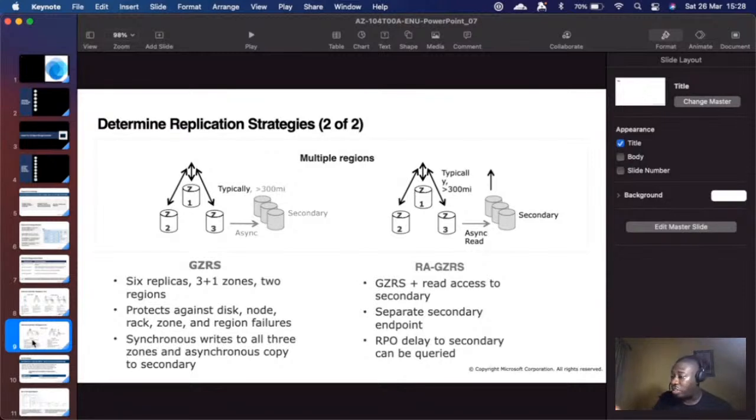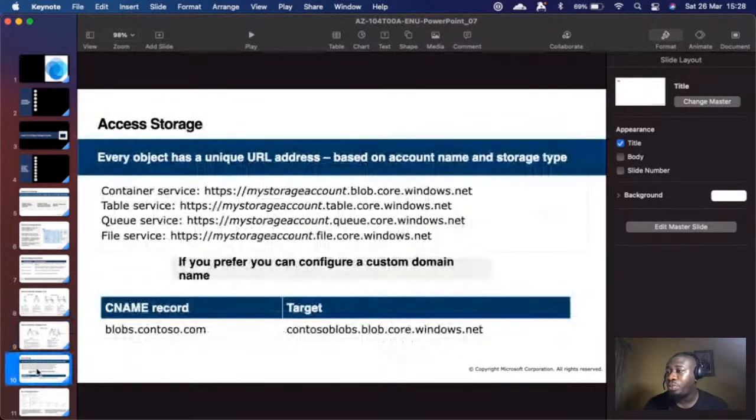Same thing, you have a separate secondary endpoint and there's an RPO delay to secondary, and the RPO delay to secondary can be queried, meaning that you can query the data at the secondary endpoint, right? So that's one of the beautiful things about this.